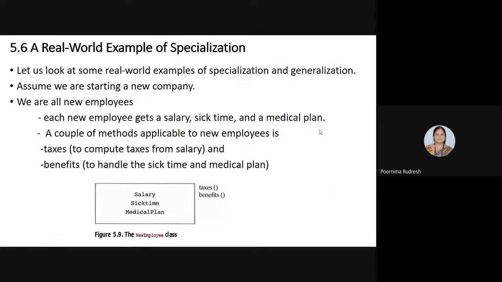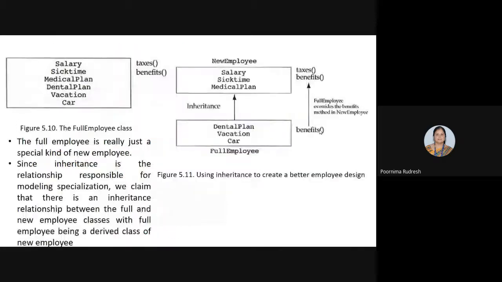Here we considered an example of an employee, the example of starting up a new company. The employees are treated as new employees, and after 6 months, they are treated as full-time employees and get additional benefits. For that, we defined the inheritance relationship.